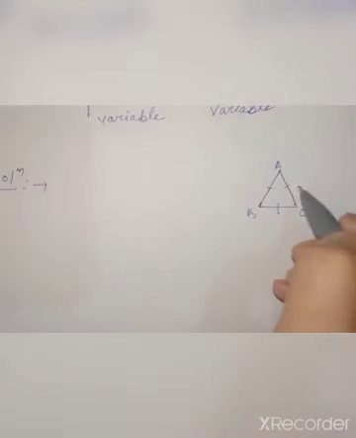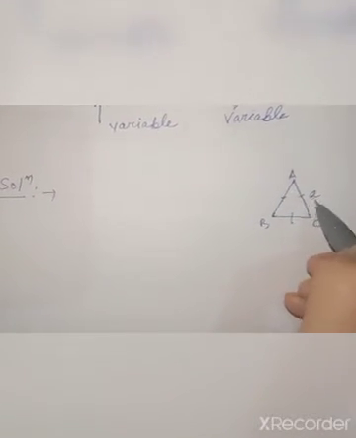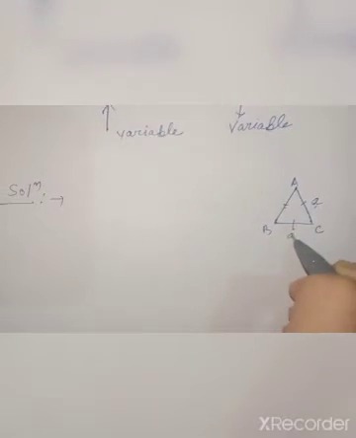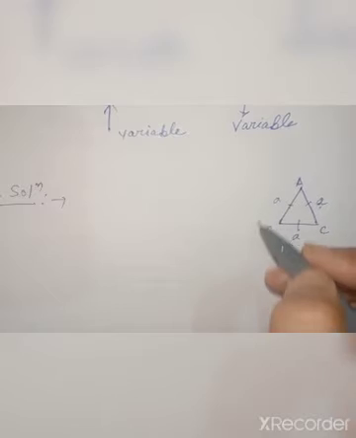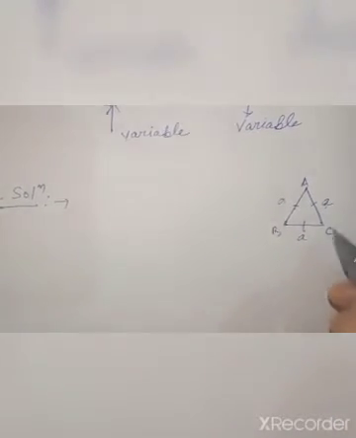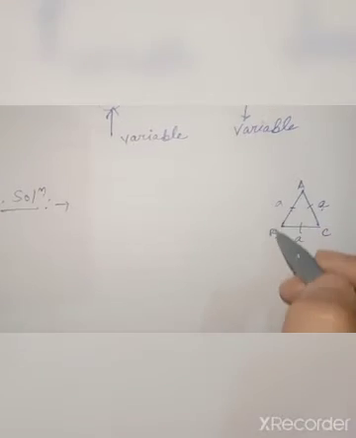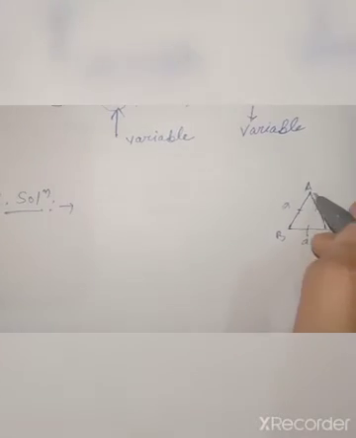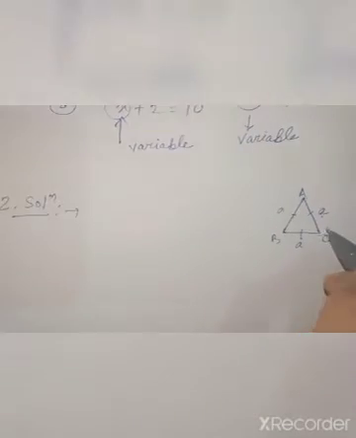So I let this name as A. So as this is A, so this will be also A, this will be also A. Why? Because these all sides are equal, so that this is an equilateral triangle. So we have to find the perimeter of this equilateral triangle. So perimeter means the total boundary of this triangle.